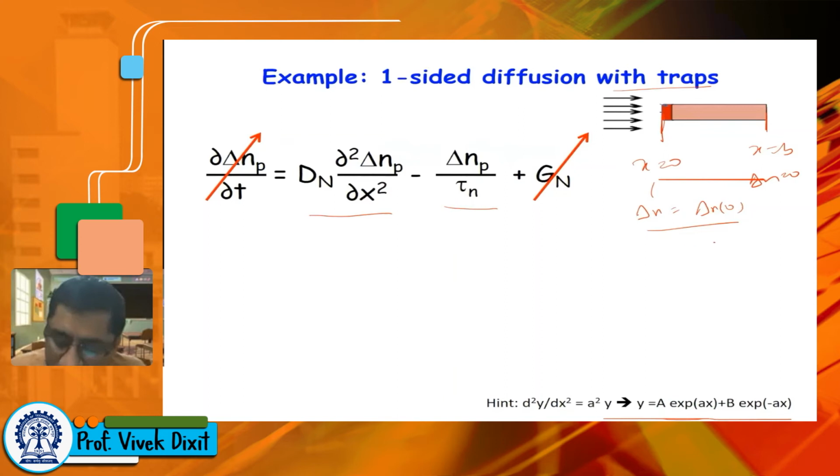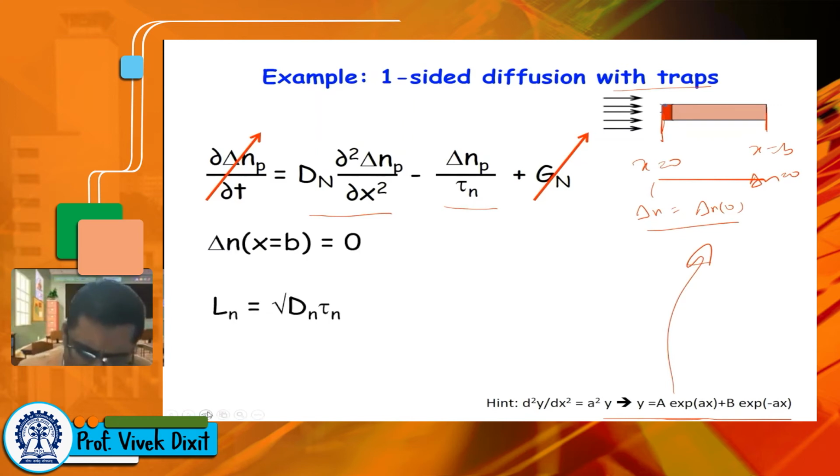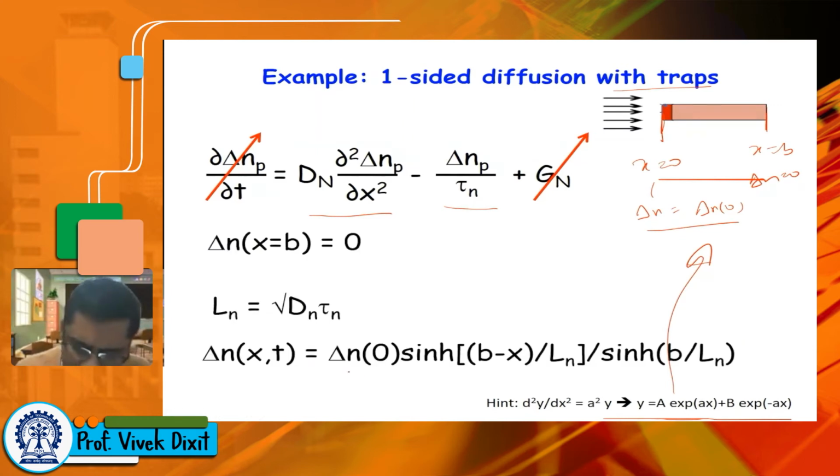When you substitute in the equation here, we will be able to evaluate both constants A and B, and the overall expression will look a little complicated, that you can work out. It's simple algebra, right?